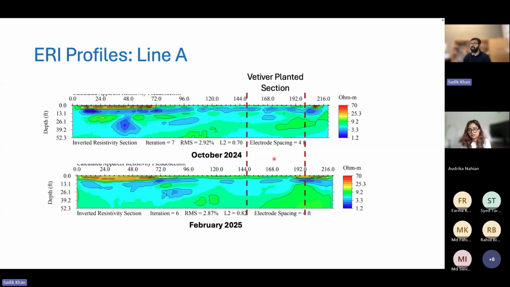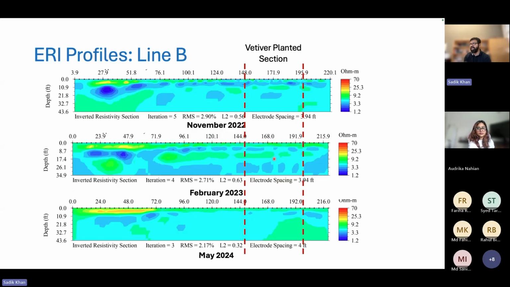Then we also have the vetiver planted section. It is again from line A. This is the result from line B, and from line B we can see a similar condition, where the bottom part of this slope has an increasing resistivity value.